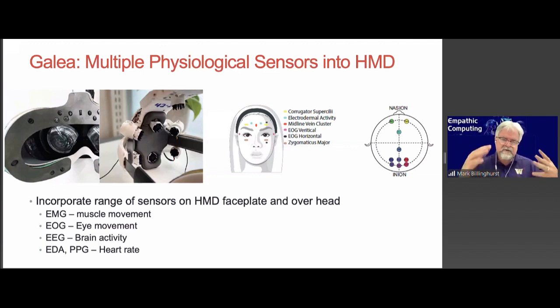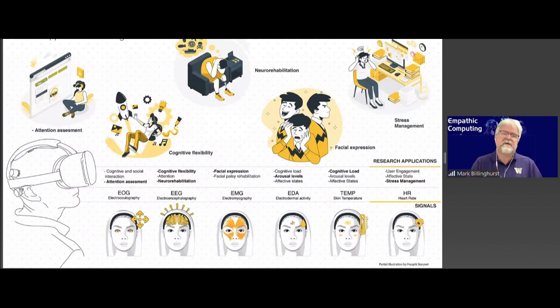And the Galea also has across the top of the head 8 EEG electrodes to measure brain activity as well. So all these things together means that we can measure a rich range of measurements that can be used to measure attention or facial expressions or arousal levels or cognitive load, and use that in very, very interesting ways.